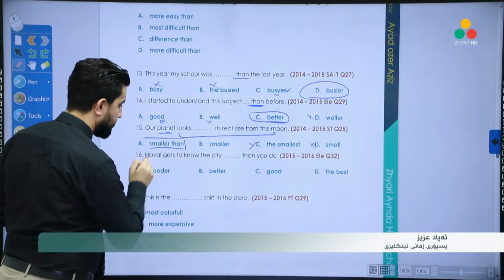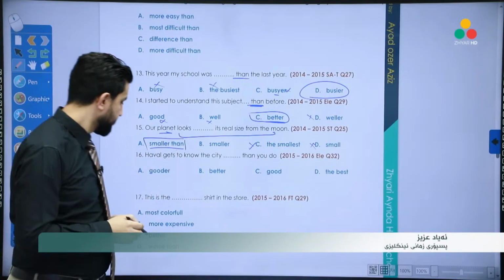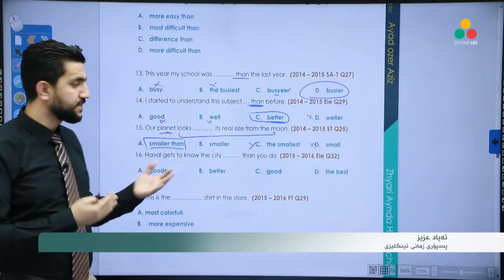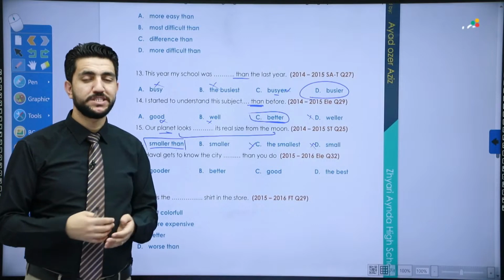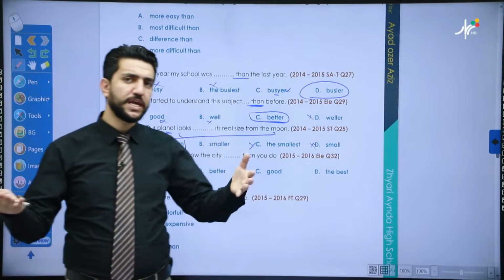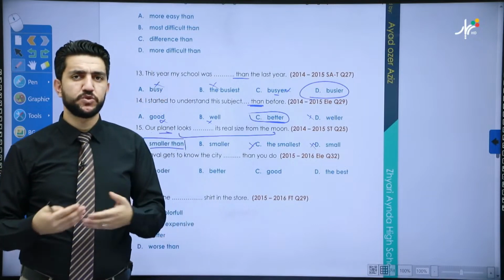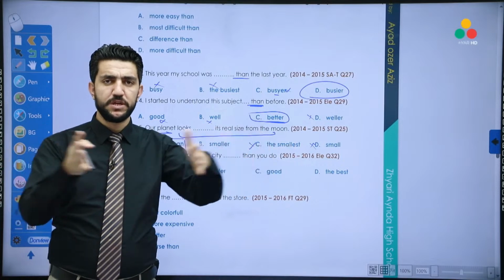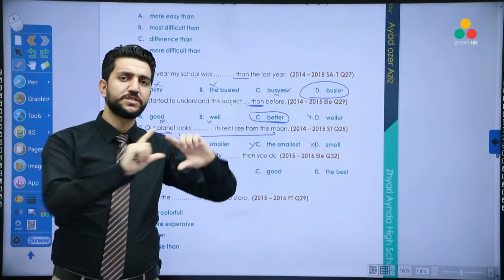Okay? So we've come to the end of today's lesson. We talked about comparative and superlative. Let's give a recap. Comparative means we compare two things together. For one-syllable words, we add ER.